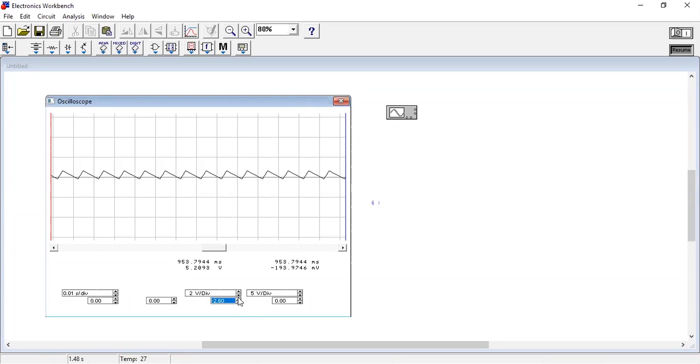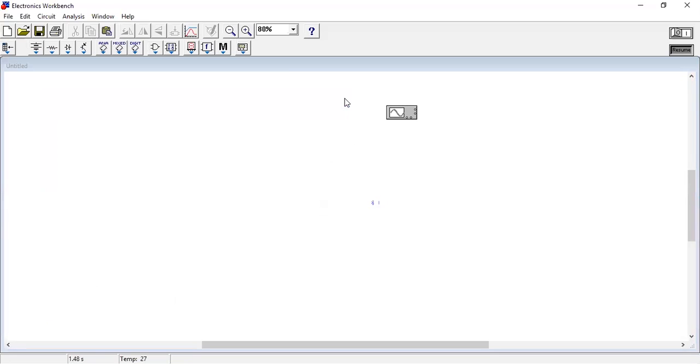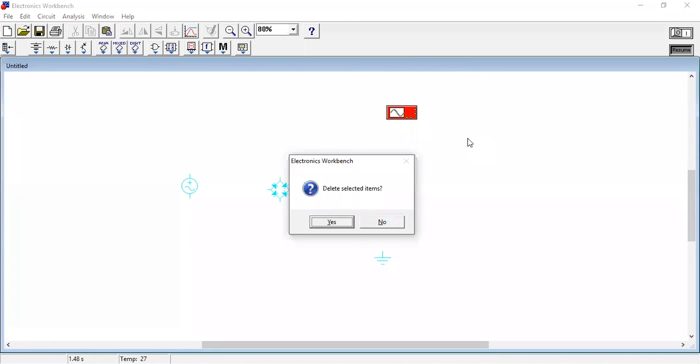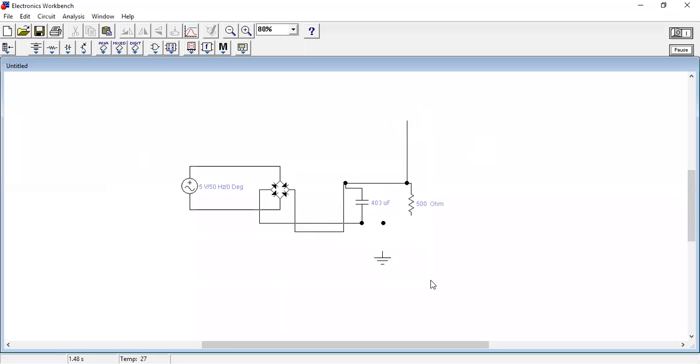This is your practical for full and half wave rectifiers. For the half wave rectifier, change the capacitance value and find the output voltage value. And the full wave rectifier is also the same. Change the capacitance value and find the output voltage value.